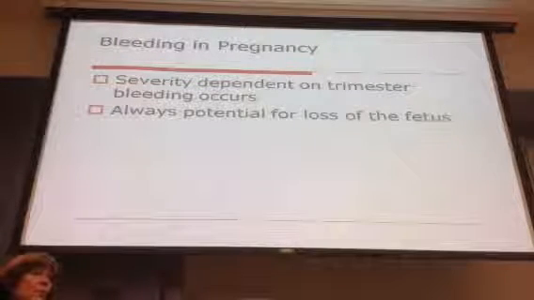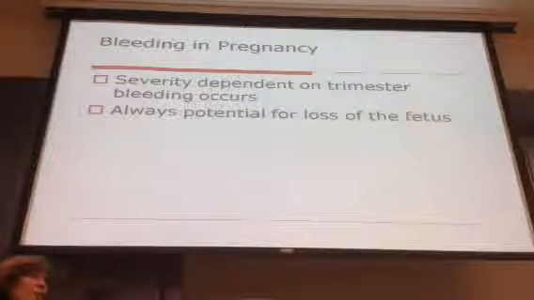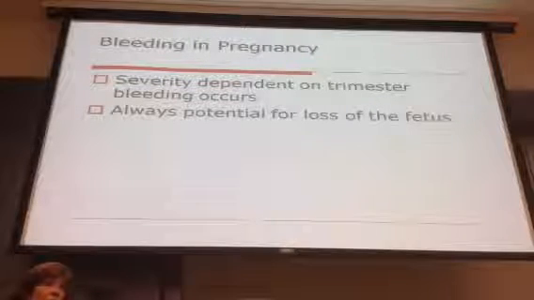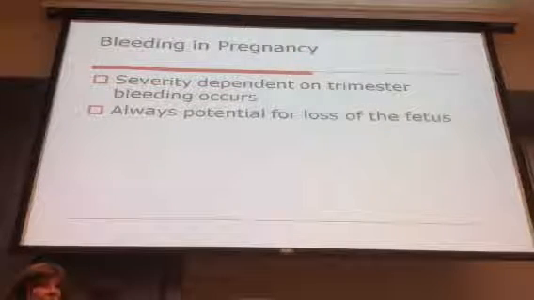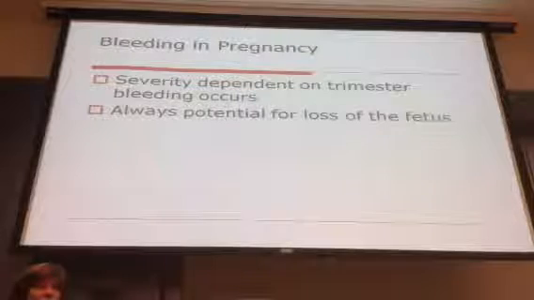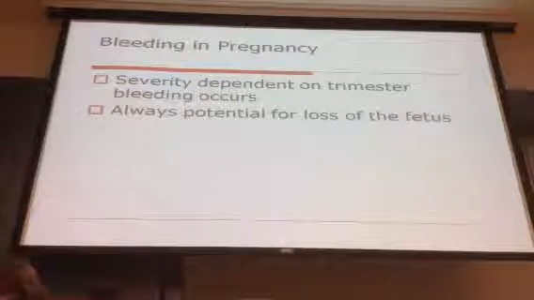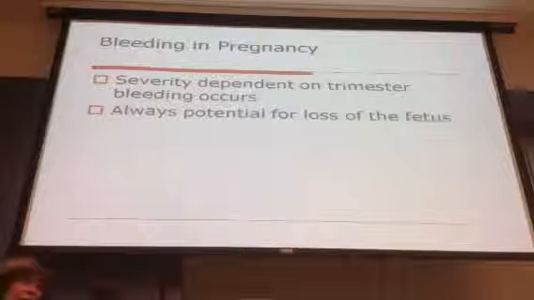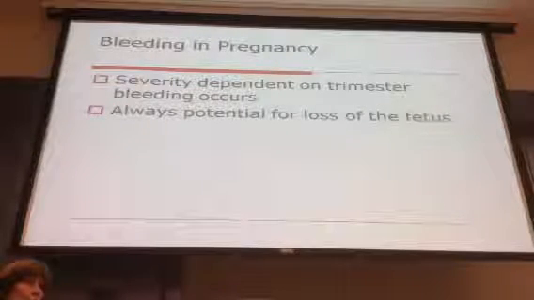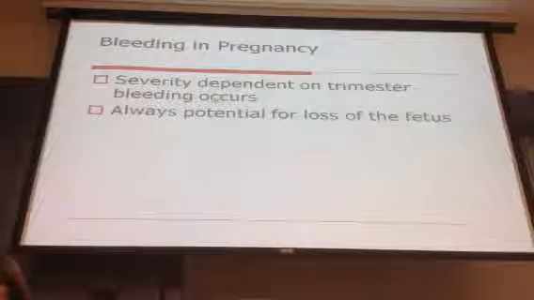Sometimes those consequences mean that the pregnancy is lost, that there's a fetal death, or what we call a miscarriage or a spontaneous abortion. So we're going to talk about a number of those different possibilities, and basically how we view them and what we might do about them as nurses.